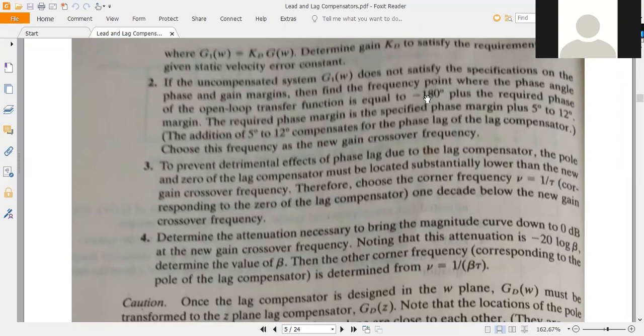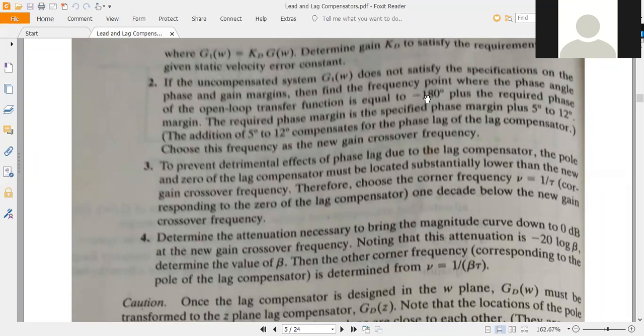Then the other corner frequency, that is the pole of the lag compensator, is determined by ω = 1 divided by βT. First, for determination of the zero, the equation is 1/T, and for determination of the pole, the equation is ω = 1/(βT).